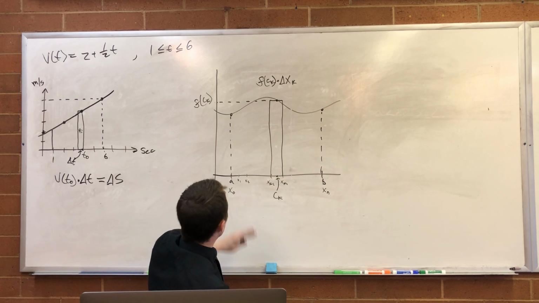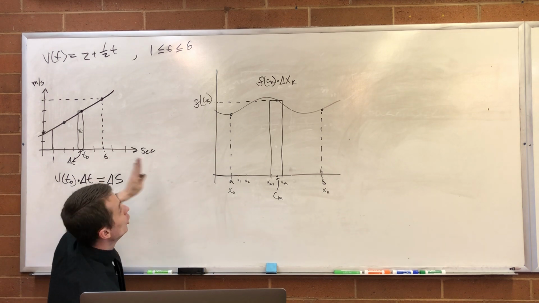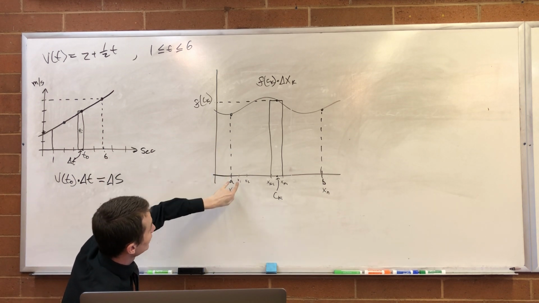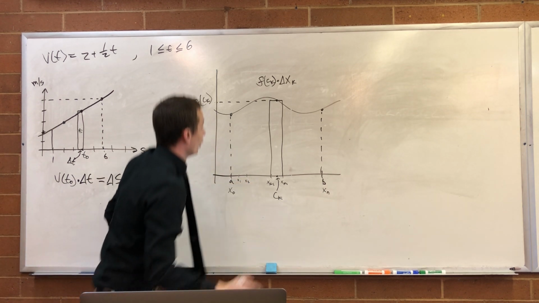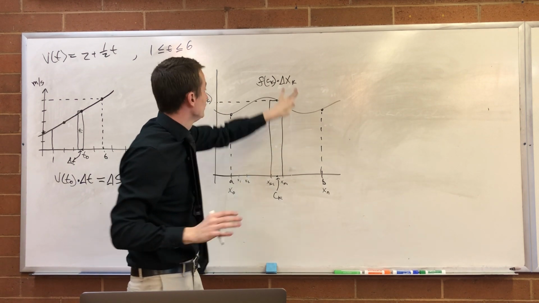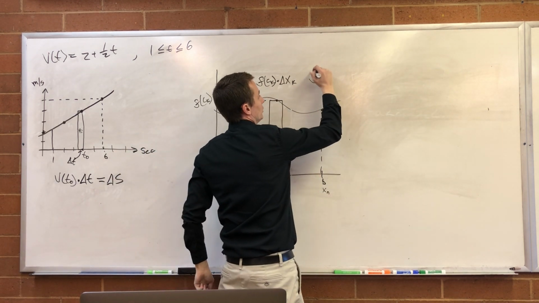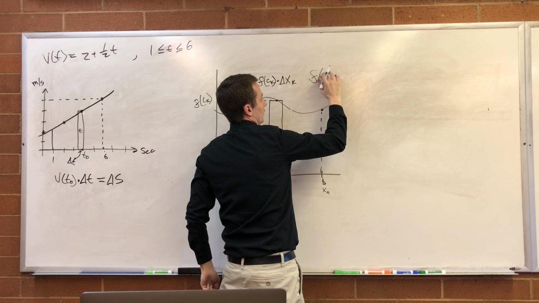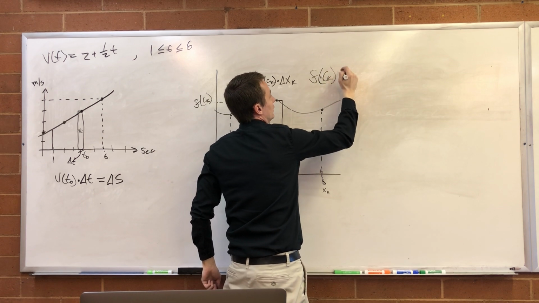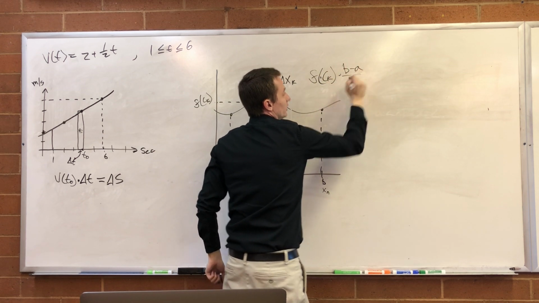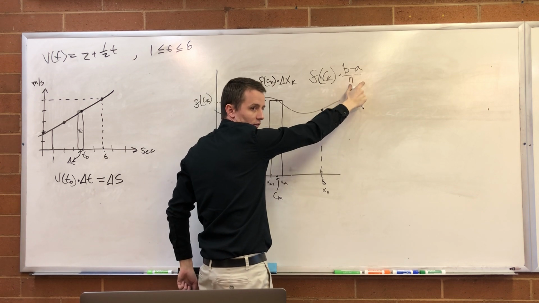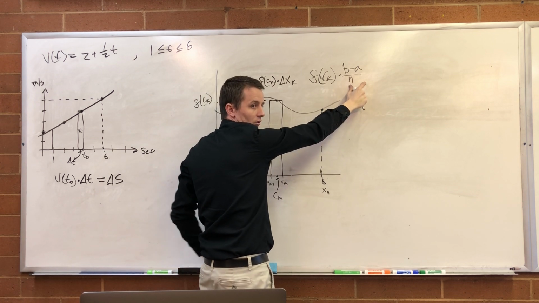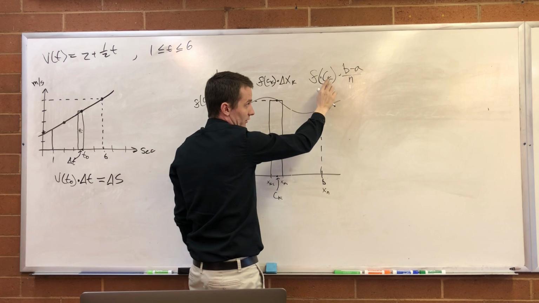Yeah. So notice when we were doing it over here, we were always making our changes in x the same. For our special case where we kept our changes in x the same, it would look more like this: f of c sub k times (b minus a) over n, because we made every interval change by this much. And that's the midpoint formula, right? No, this is still just a random point.